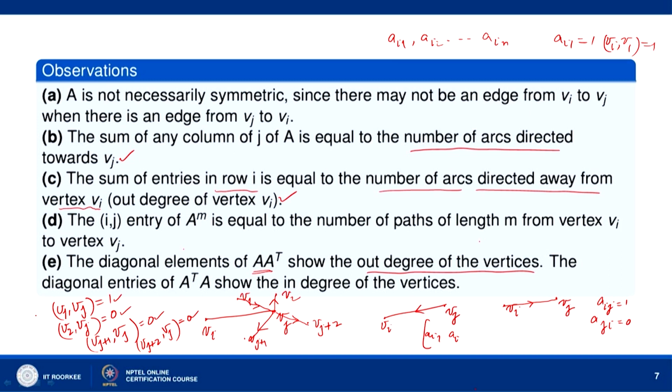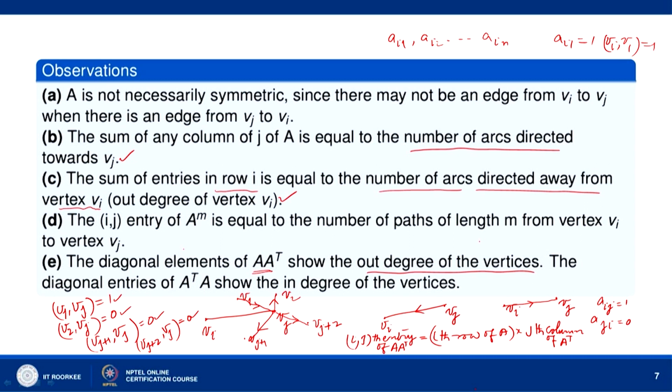If you find the ijth entry of A A transpose, it equals the ith row of A multiplied by the jth column of A transpose.